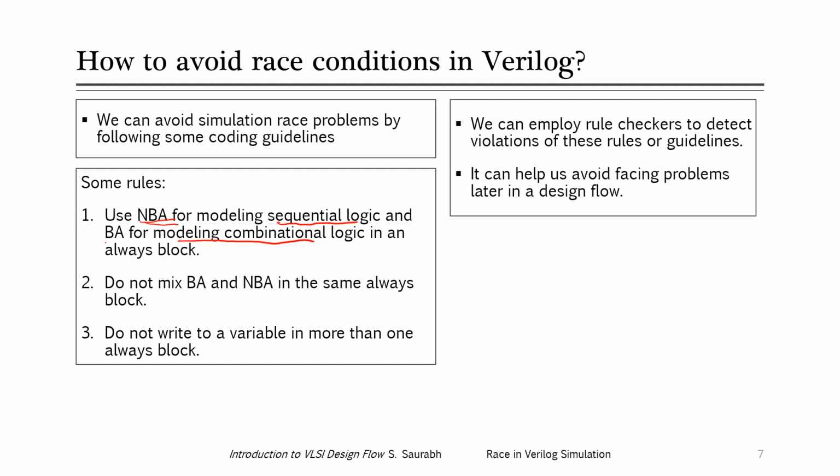For example, there are tools such as Spyglass which can help you avoid race conditions by checking whether rules which, if violated, will lead to race conditions are followed in our design or not.